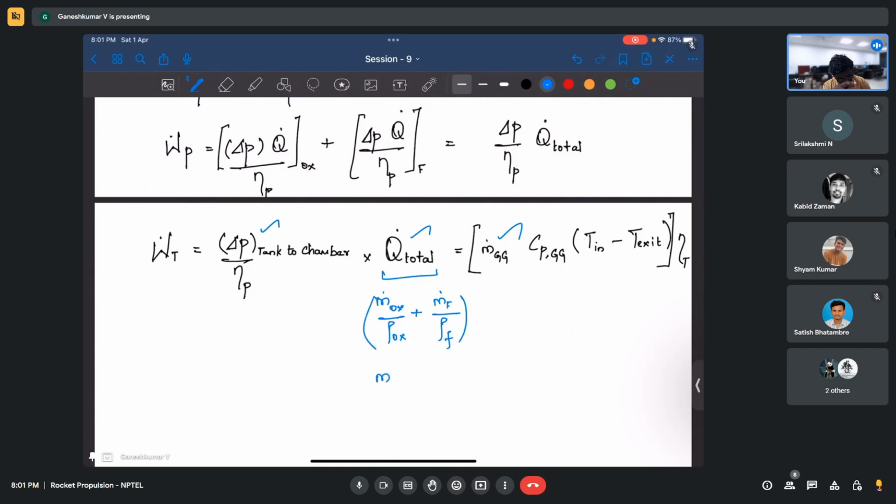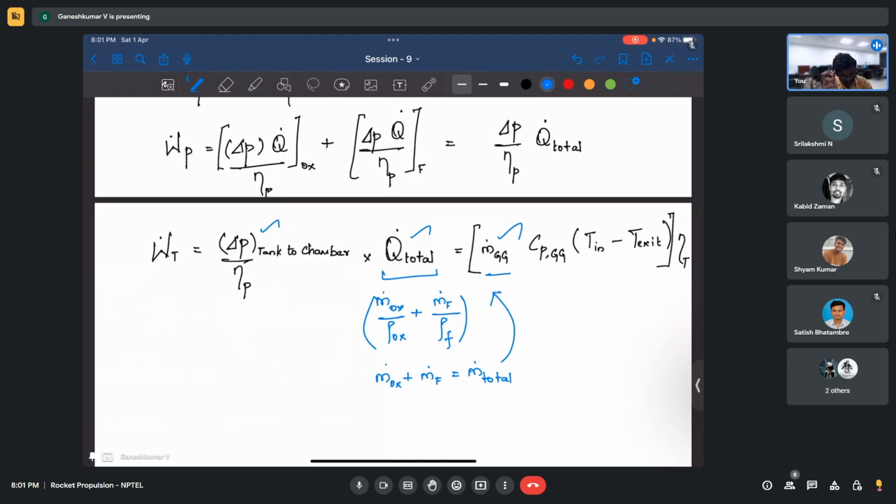That is the volume flow rate. And you know the mass flow rate of oxidizer plus the mass flow rate of fuel is nothing but the total mass flow rate. If you rearrange this, you can bring this total mass flow rate in here, and you can replace that m dot gg in terms of just f.